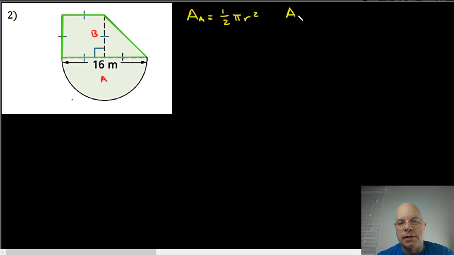Area B is a trapezoid, and the formula for area of a trapezoid is 1/2 multiplied by the sum of the bases, b1 plus b2, multiplied by the height.